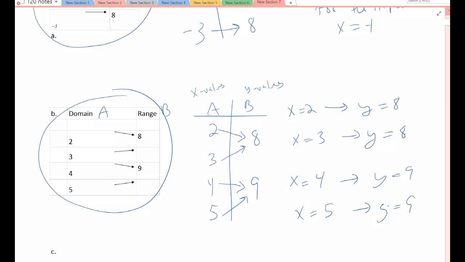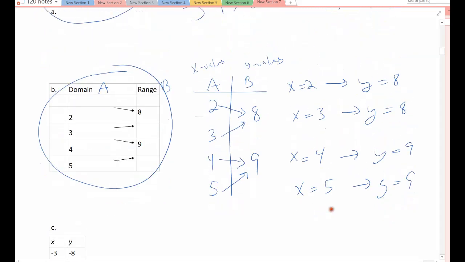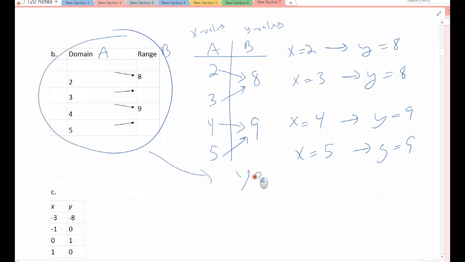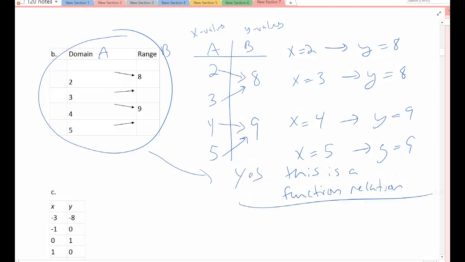There's only one number paired with the x value 5. And so yes, this is a function relationship. Yes, it's a function.